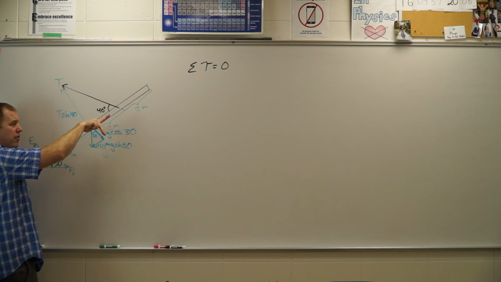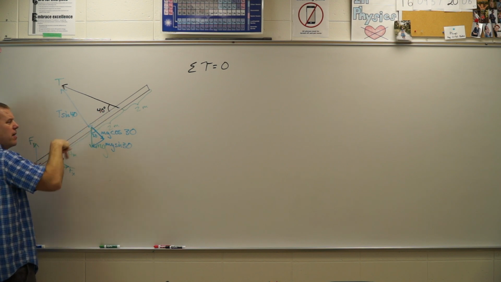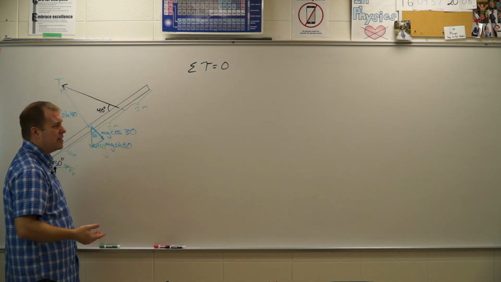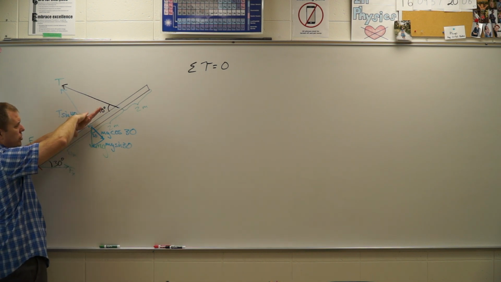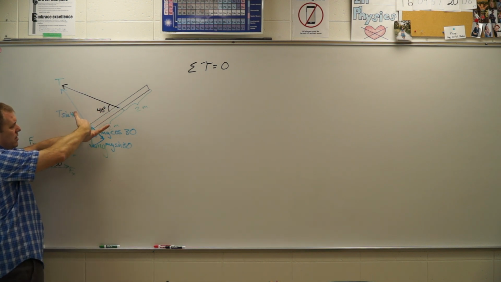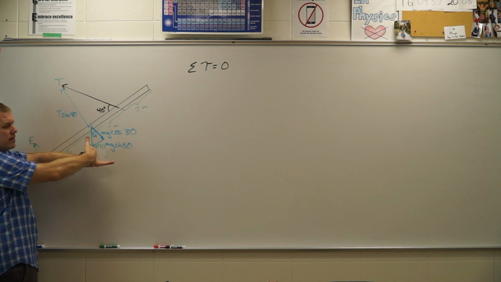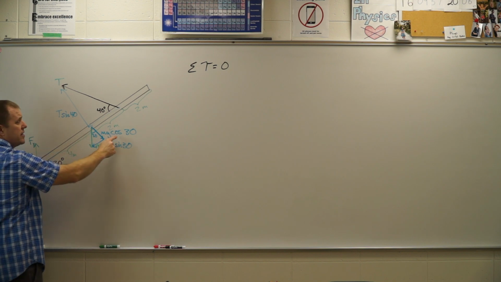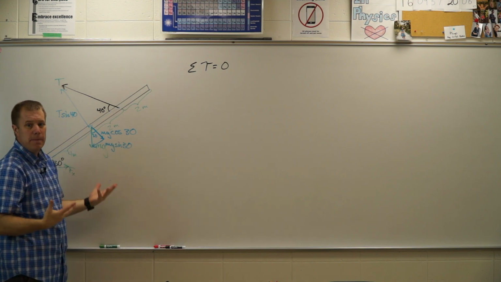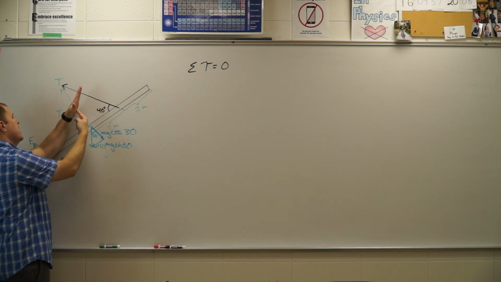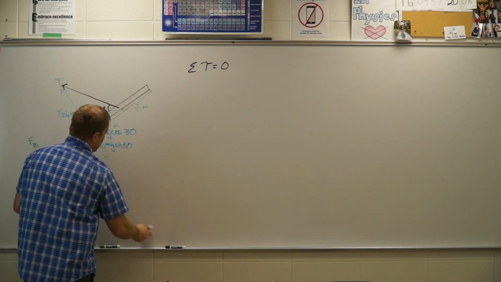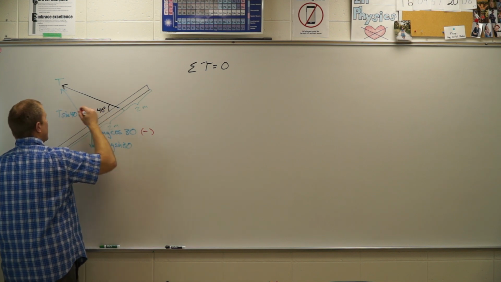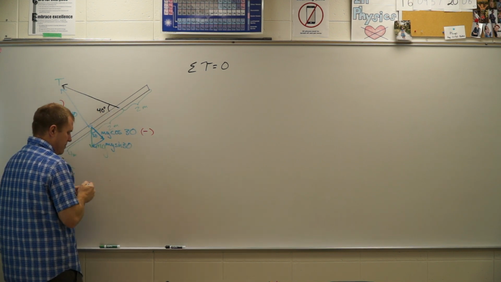The mg cosine 30 is pointing into the board with my thumb, so it would be a negative. The other way to do that is push like you are and see which way it rotates. I'm rotating this clockwise, so this mg cosine 30 is negative, and this one's rotating it counterclockwise, so it's positive. So I'll just put a little negative sign and a positive sign to remind me of that.